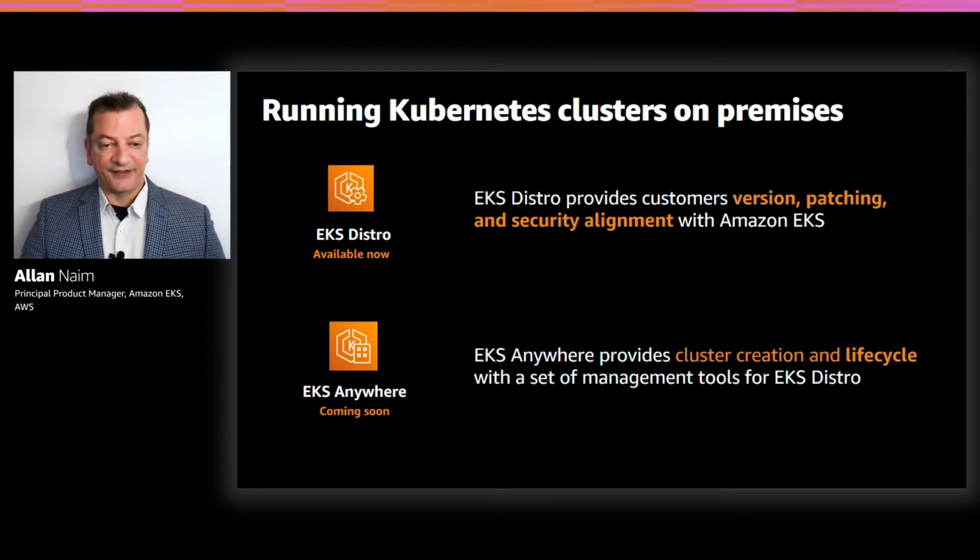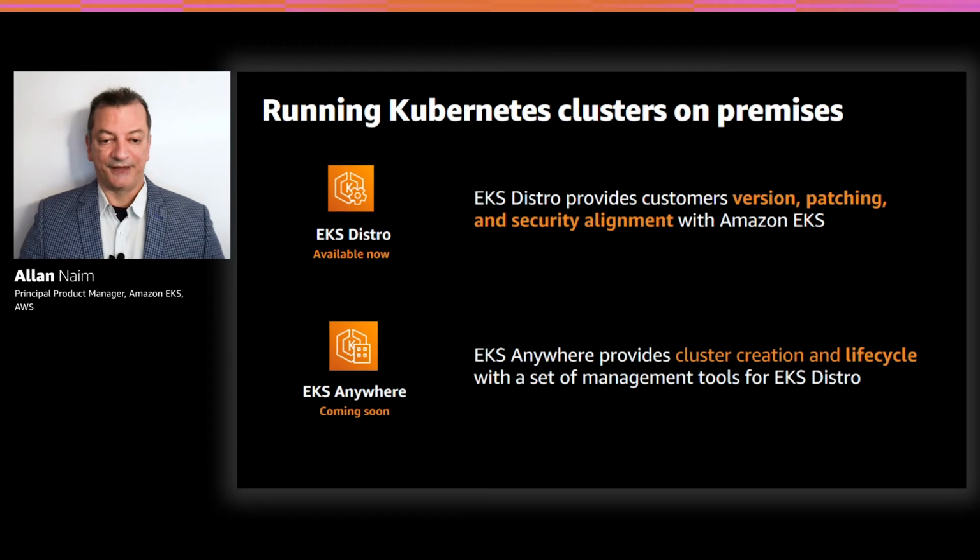With the EKS Distro, customers can rely on the same versions of Kubernetes and its dependencies deployed by Amazon EKS, with the latest updates and extended security patching support. The EKS Distro is open source and available now for customers and partners to use for their Kubernetes environments.